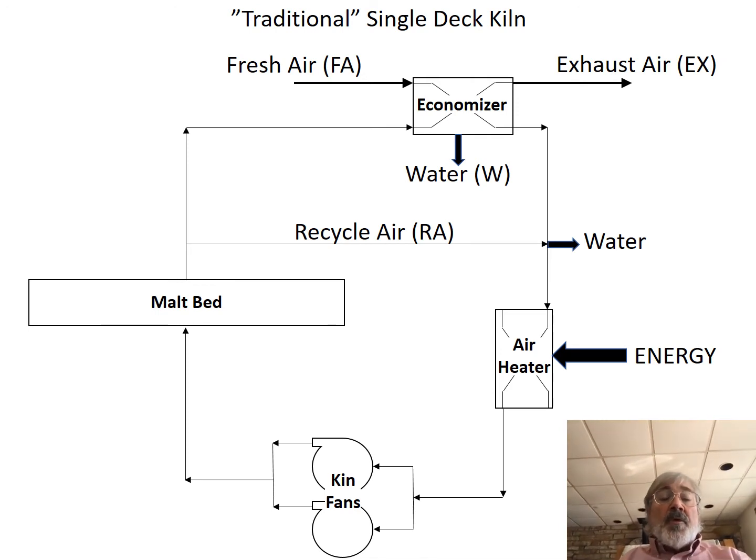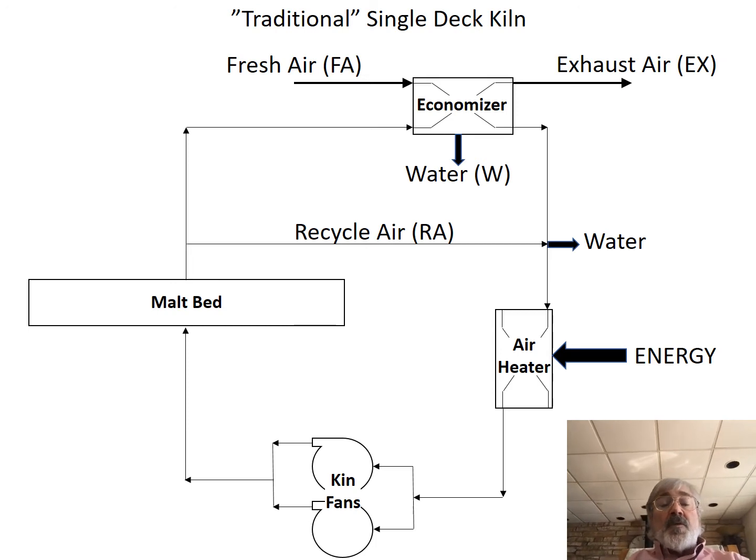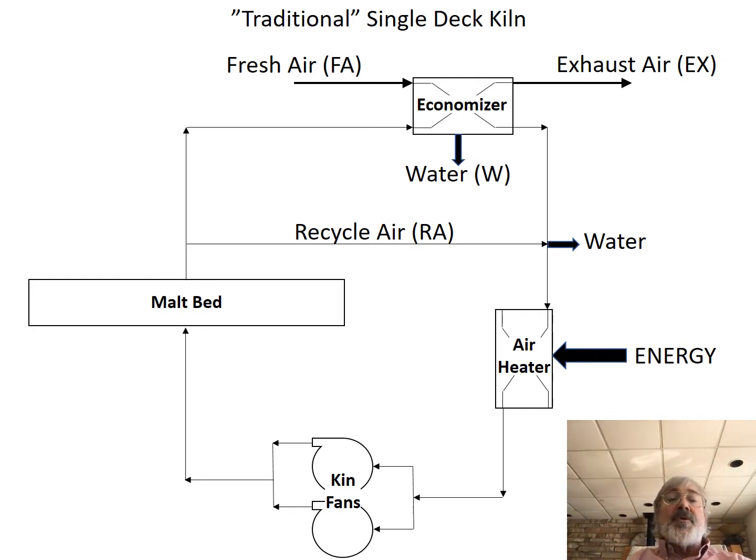From that, we go through kiln fans to increase the static pressure, and then that goes through a malt bed where we have adiabatic saturation occurring at the early stages of kilning. Then we can split off for recycle or exhaust, and the exhaust will go through the economizer, which preheats the fresh air.